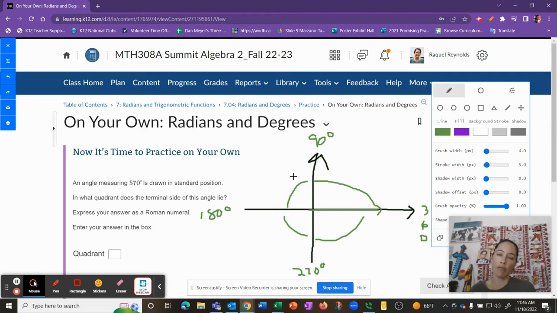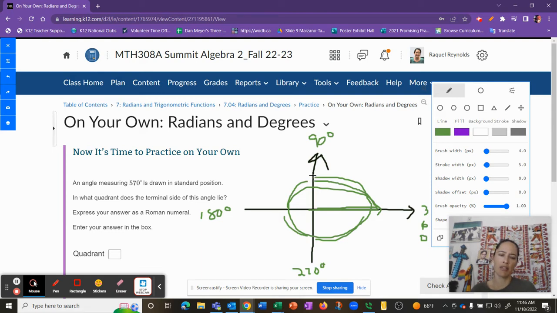So if I don't have the applet and I just kind of have to visualize, I would use paper. I would just kind of start here and go, okay, there's 360 degrees. Then this would be 360 plus 90, 450 degrees. Yeah, that's right.